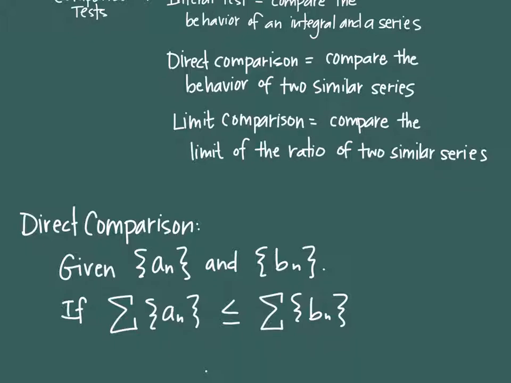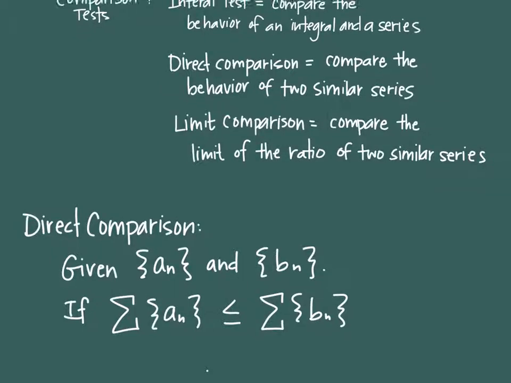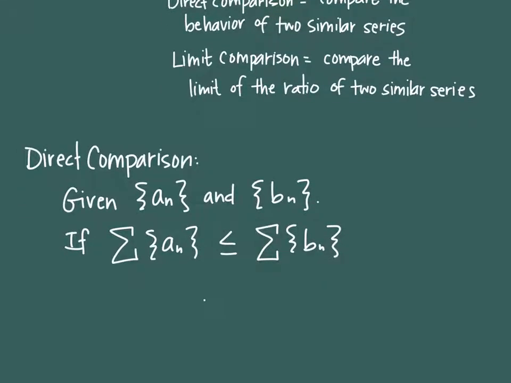You can do it by just knowledge of graphs, which one is going to exceed the other, which one's always going to be less than the other. So if you can compare them that way, then you have two cases.